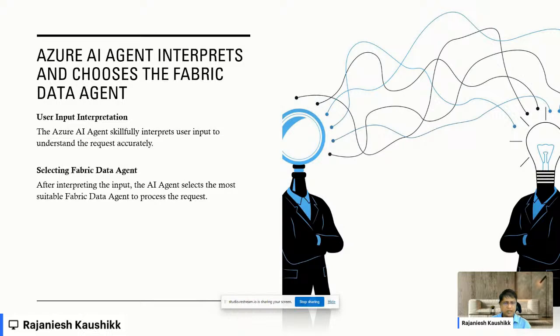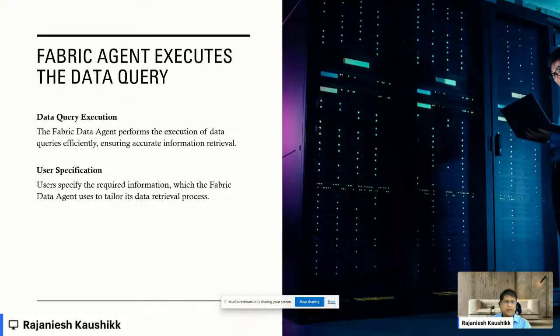Once it connects to the Fabric Data Agent, the Fabric Data Agent calls the Fabric and executes that query. First it takes the question and converts it into SQL. After that SQL is converted, it fires that SQL on the data source, and once the response comes, it provides that data retrieval and gives it back to the Azure AI agent.